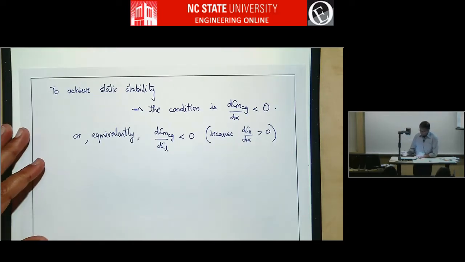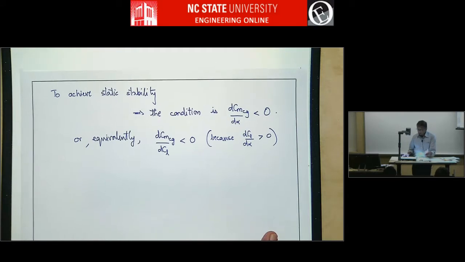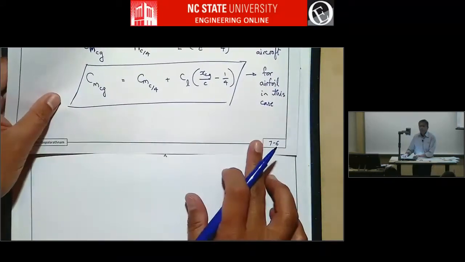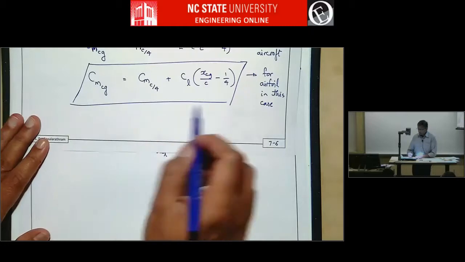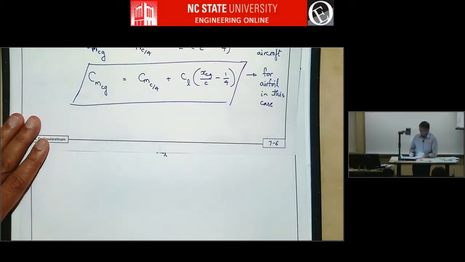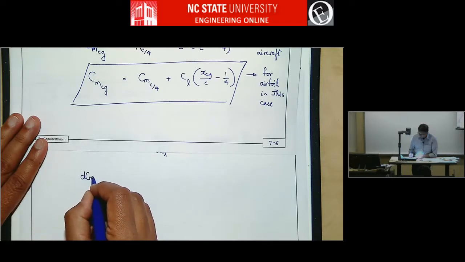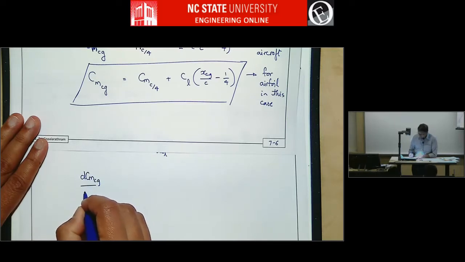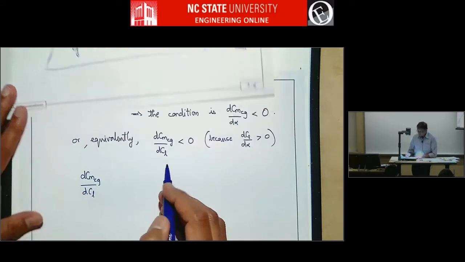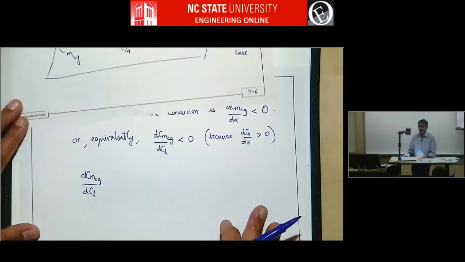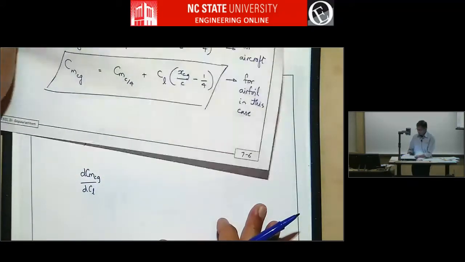Okay, so let's take this expression and take the derivative with respect to CL. So we have dCmCG over dCL, which is what we want to make negative, right? That's the left hand side.